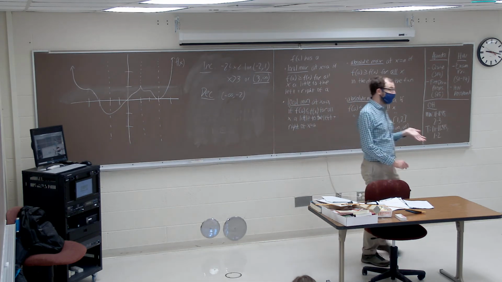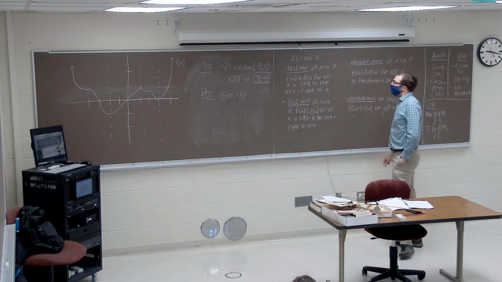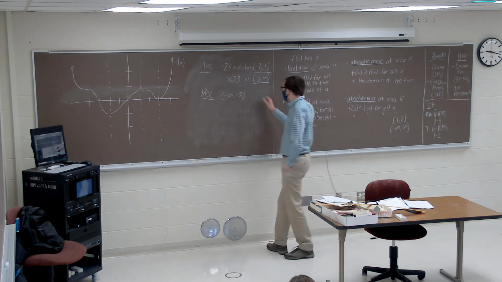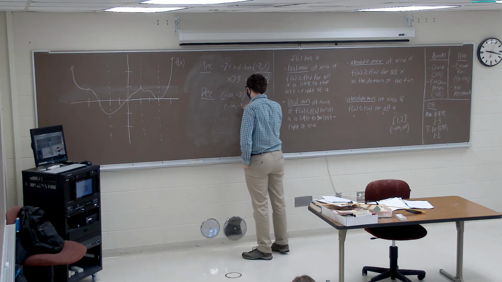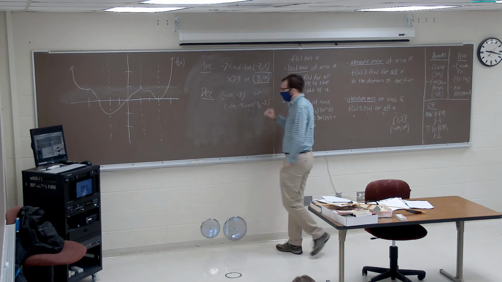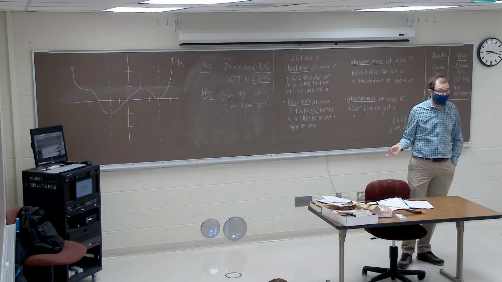It doesn't start increasing or anything like that. So I would argue, technically, you could include negative 3 if you want, or you could split this up and say something like negative infinity to negative 3 and negative 3 to negative 2. Either way, depending on how you wanted to treat that, you could be considered correct.